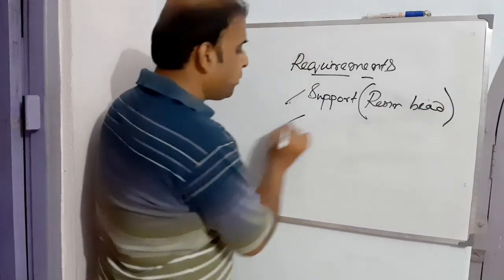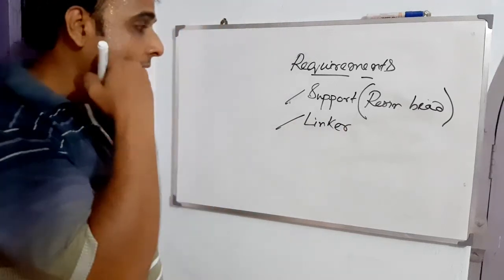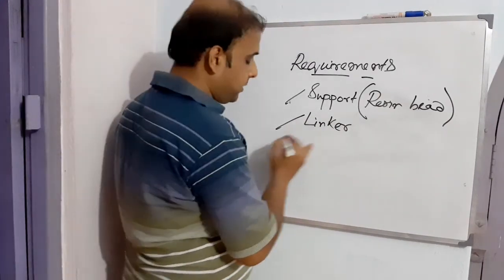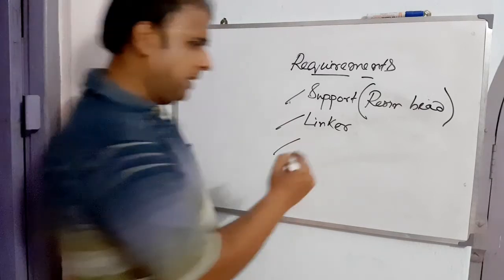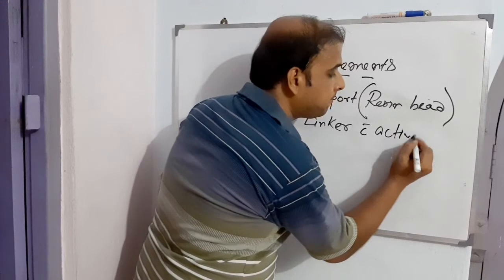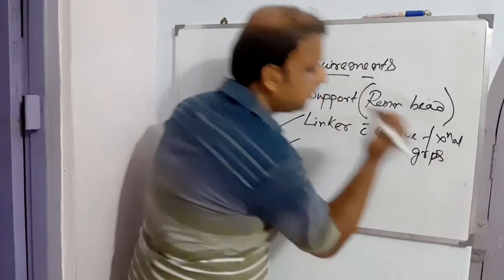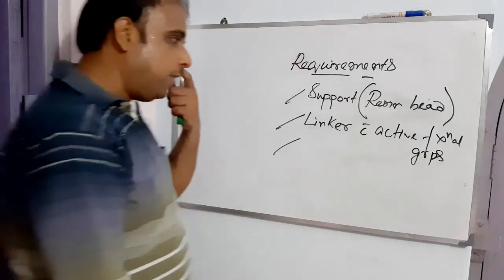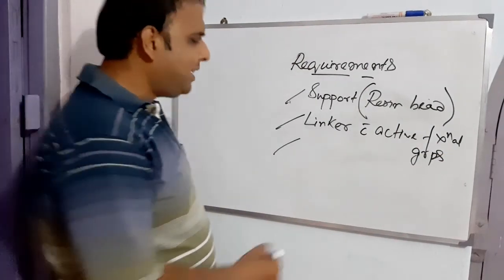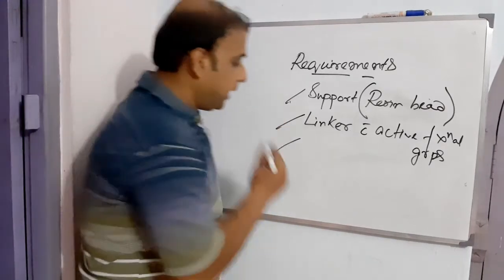The next one is linker. I'll come to it while explaining each and every one. Linkers with active functional groups. Then the next is protecting groups.